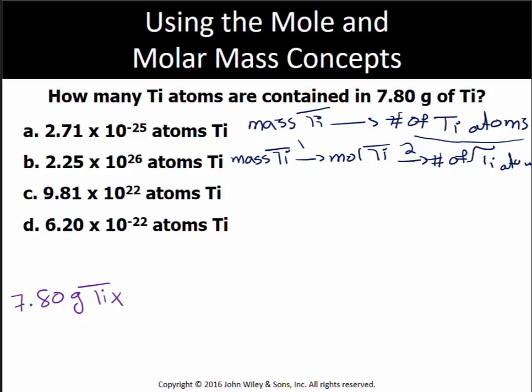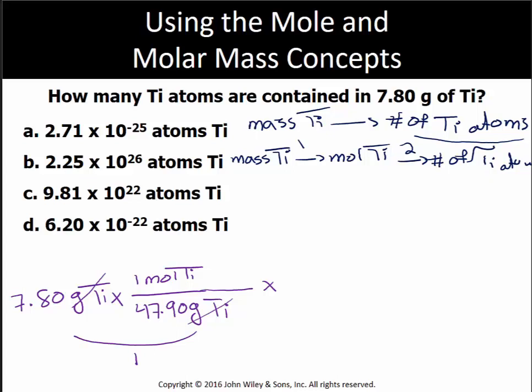So you're going to look at the periodic table to find the molar mass of titanium. So each mole of titanium is 47.90 grams of titanium. Now, grams of titanium cancel out. I end up with the moles. That's step 1.